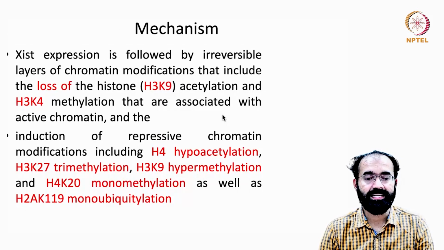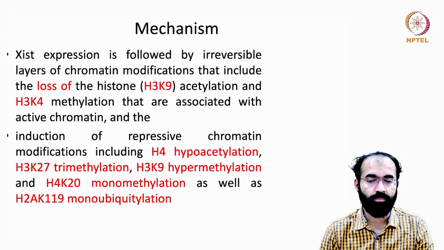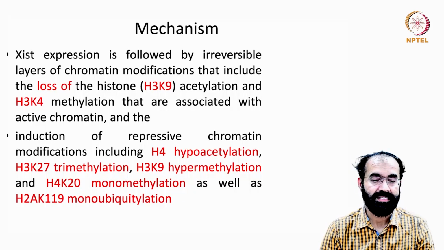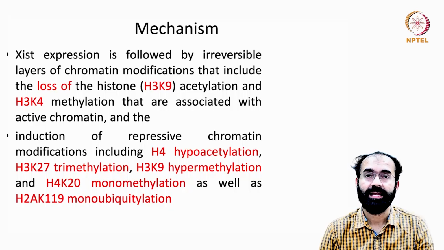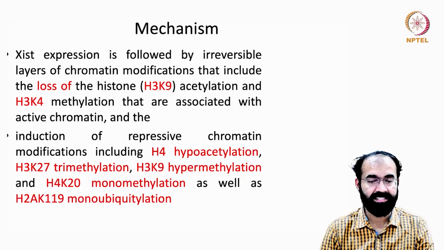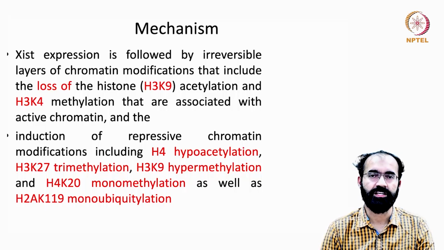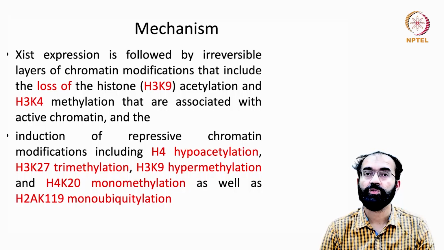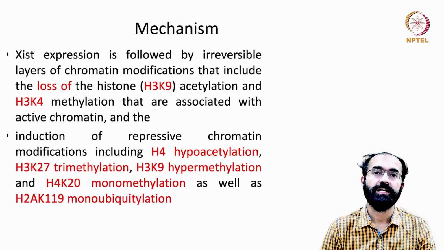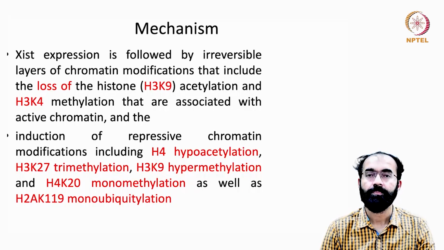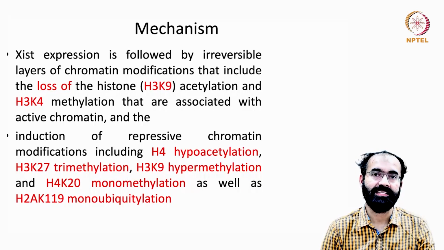So Xist expression is followed by irreversible layers of chromatin modifications that include the loss of histone H3K9. H3 stands for histone 3. Different histone proteins are there. We will not go into H1, H2, H3, H4 in detail, but one of the histones is H3 and K9 stands for lysine 9.